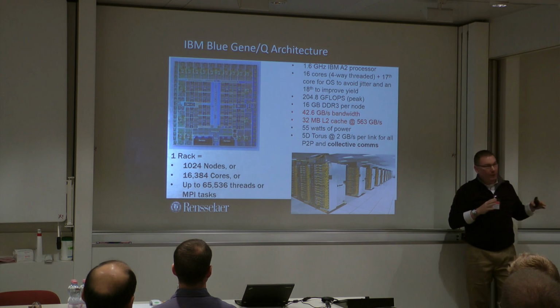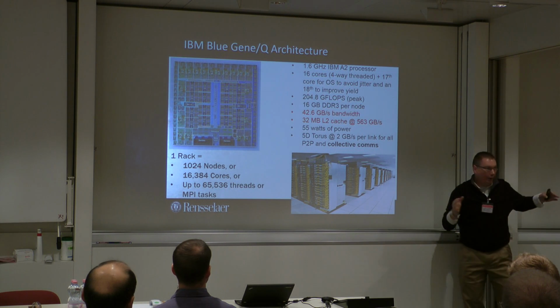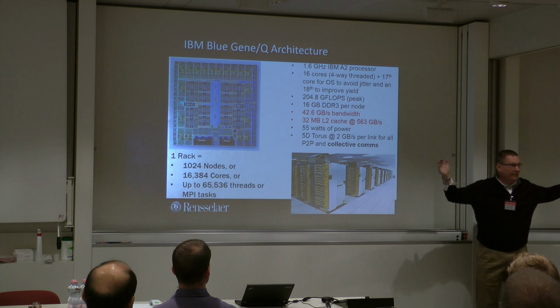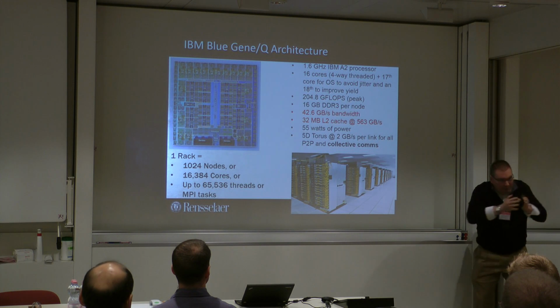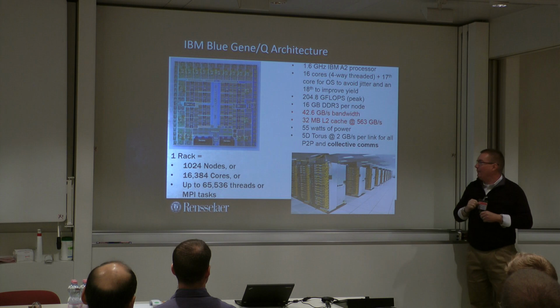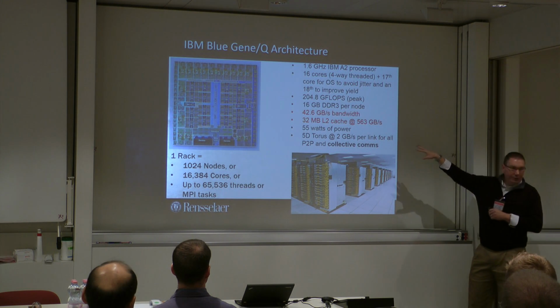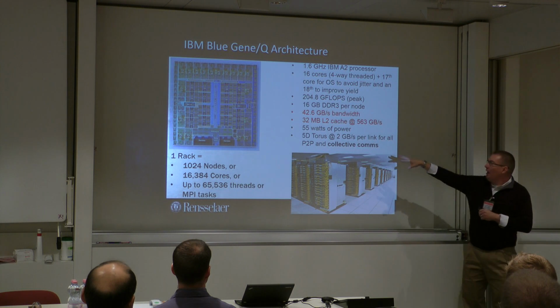In fact, we've seen very super linear speed up results because of this on strong scaling tests, where you take a fixed size problem and slice it smaller and smaller as you scale up. It's very power efficient, even by today's standards, something like 2 gigaflops per watt.